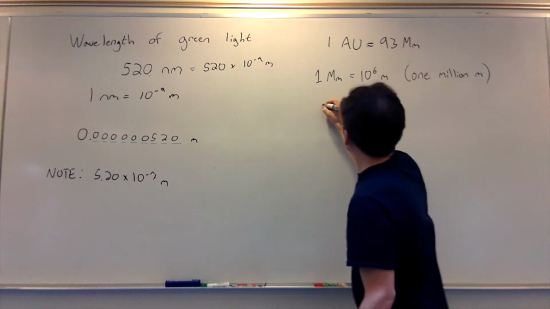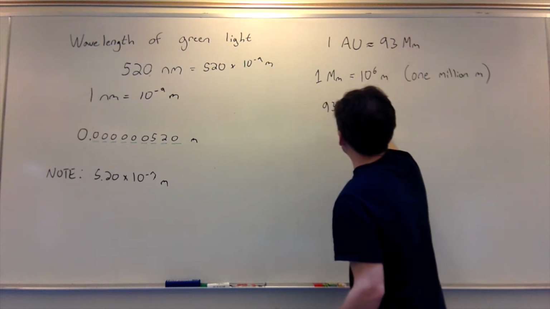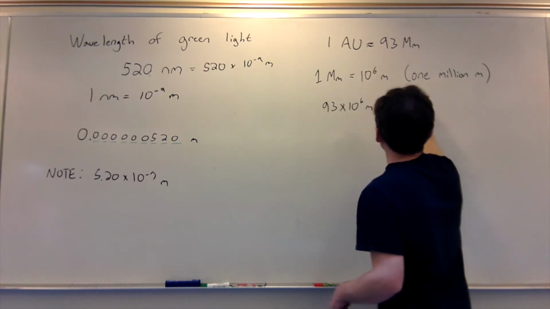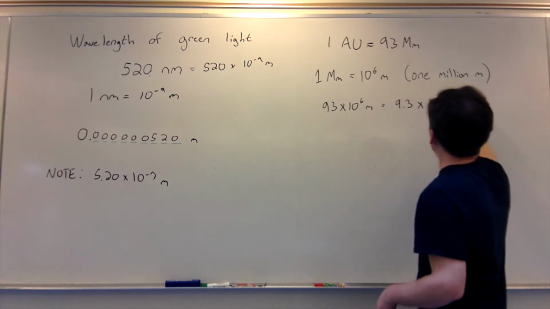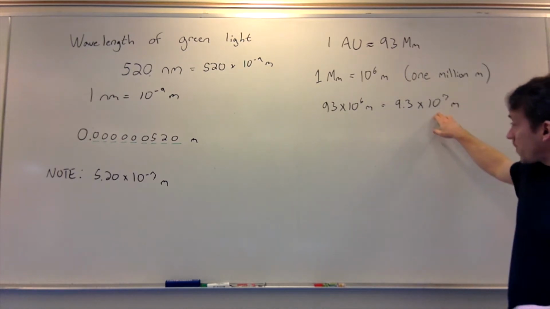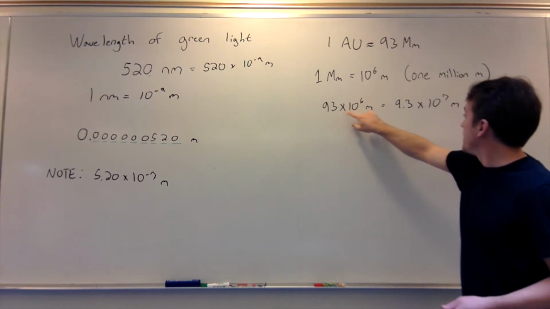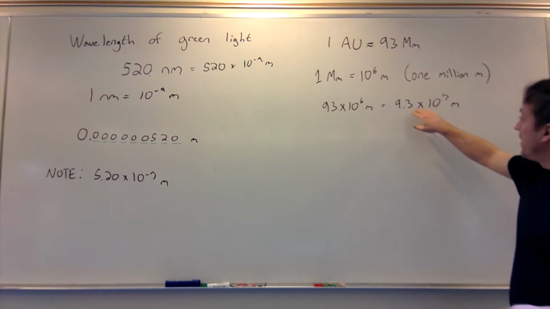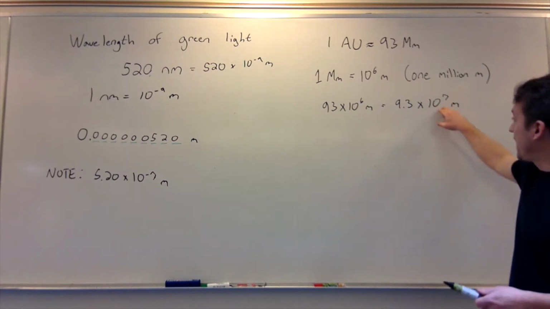That 93 megameters actually means 93 times 10 to the 6 meters, or I could write it as 9.3 times 10 to the 7th meters. What I did here was add another 10 to this multiplication, so this is really moving the decimal point over 1 spot by adding another 10.